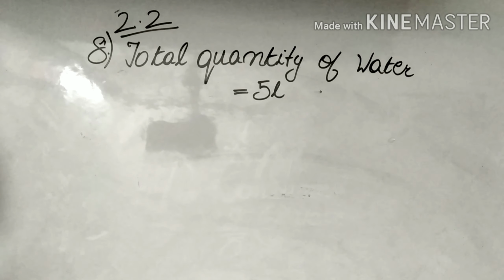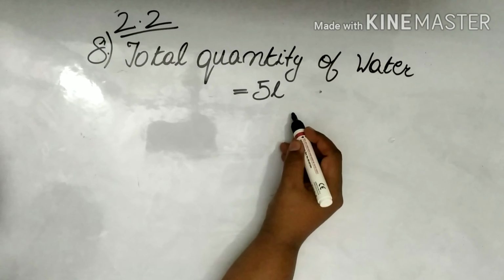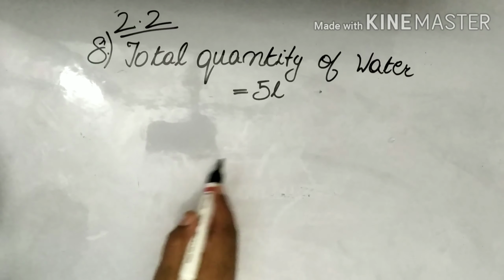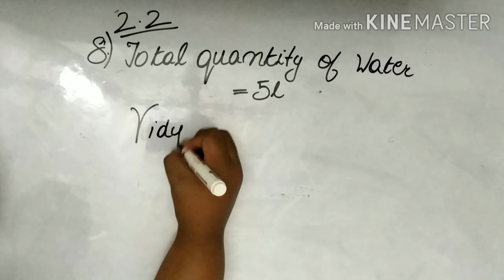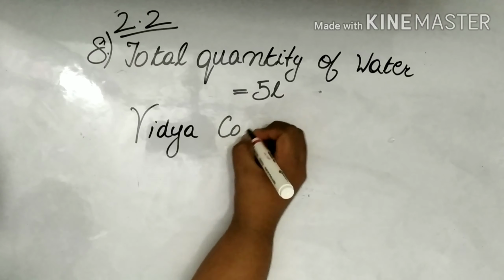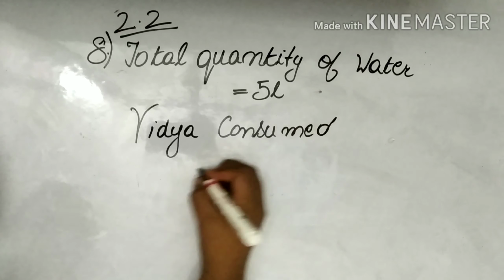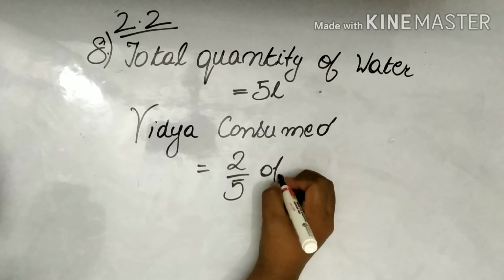Firstly we'll write the total quantity of water is equal to 5 liters, right? Now the second statement says Vidya consumed 2 by 5 of the water. So Vidya consumed is equal to 2 by 5 of the water.